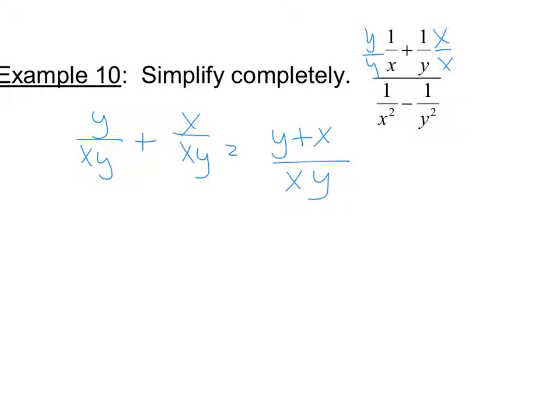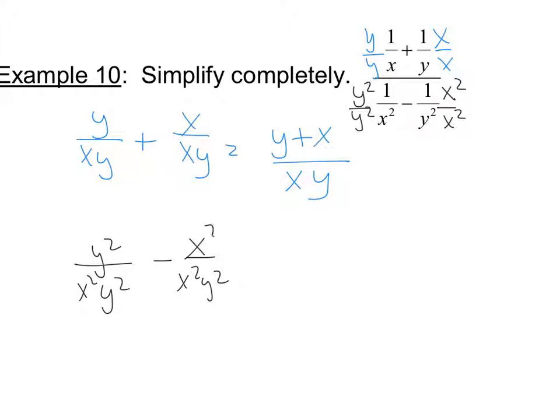Now the second one here, I'm going to have to go x squared y squared is the common denominator. So this is going to be y squared, and x squared over x squared. So this is going to be y squared minus x squared, which is y squared minus x squared over x squared y squared.